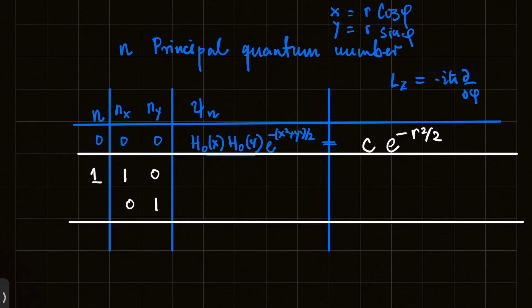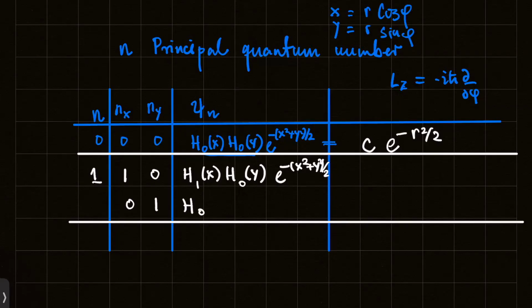So in that case, we have a twofold degeneracy. And in that case, we have h0 of x, h1 of y, and here we have minus the same, x squared plus y squared by 2. And in this case, this should be 1 and this should be 0.